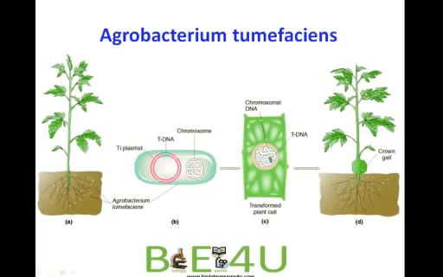Then the tDNA portion of the plasmid gets transferred and ultimately integrated into the plant genome. This plasmid has genes that cause proliferation, ultimately resulting in the formation of crown gall, in which all the cells are capable of synthesizing opines. That is actually food for Agrobacterium.